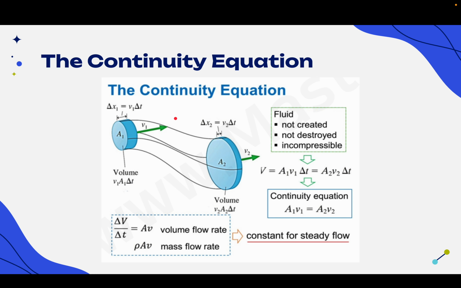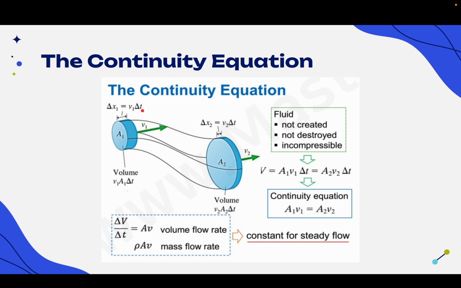For the same interval of time, we're measuring how much this slice of fluid travels. The travel distance is represented by delta x1 here. You know how if we multiply time by speed, we get the distance.